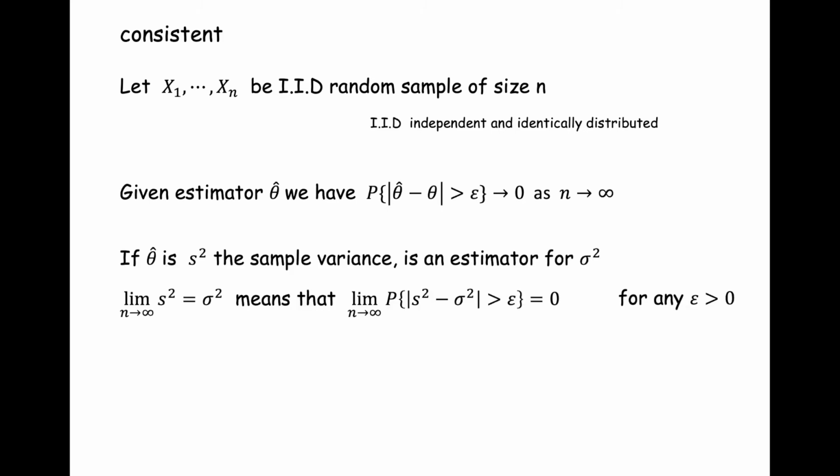If your estimator theta hat is a sample variance s squared, you can show this by demonstrating that in the limit as n goes to infinity, the sample size gets bigger, s squared is exactly equal to sigma squared.